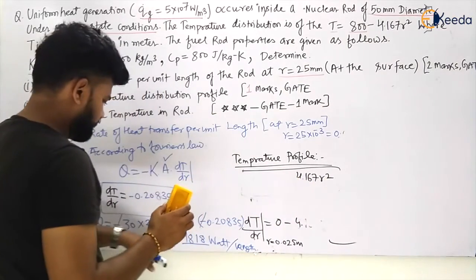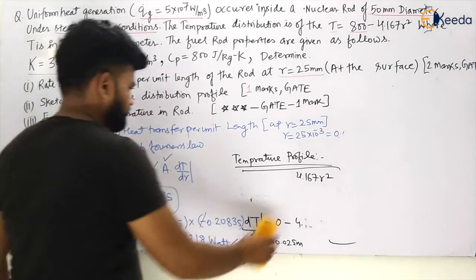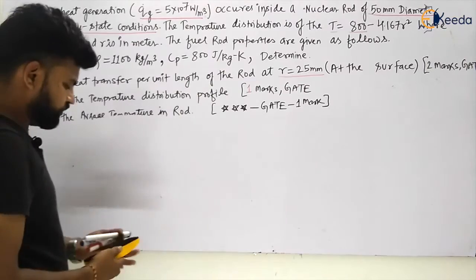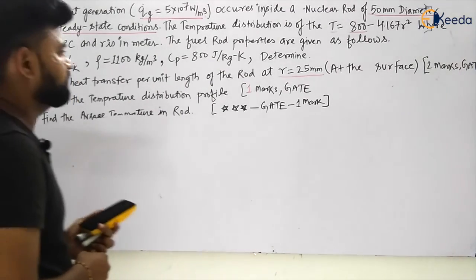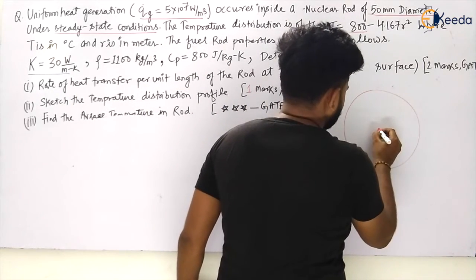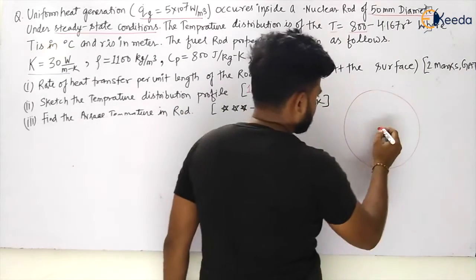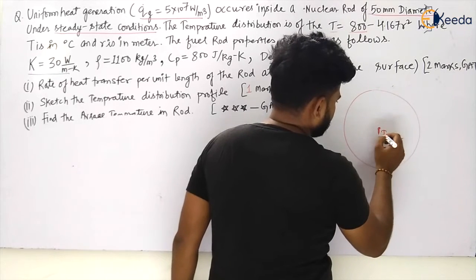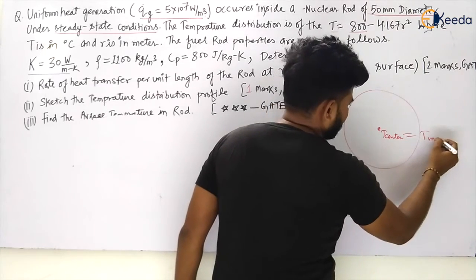We know the heat transfer is 0.9818 watt per unit length. If I calculate the temperature at the center of the rod, because there is uniform heat generation, the maximum temperature will be at the center, where there is maximum heat generation.